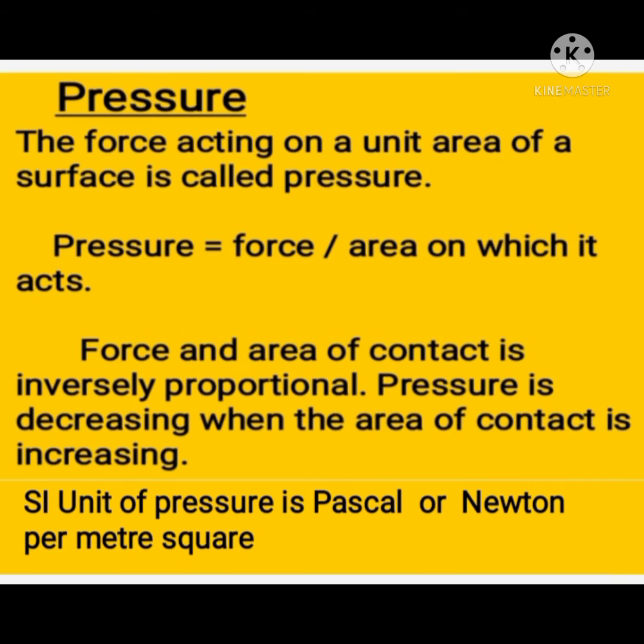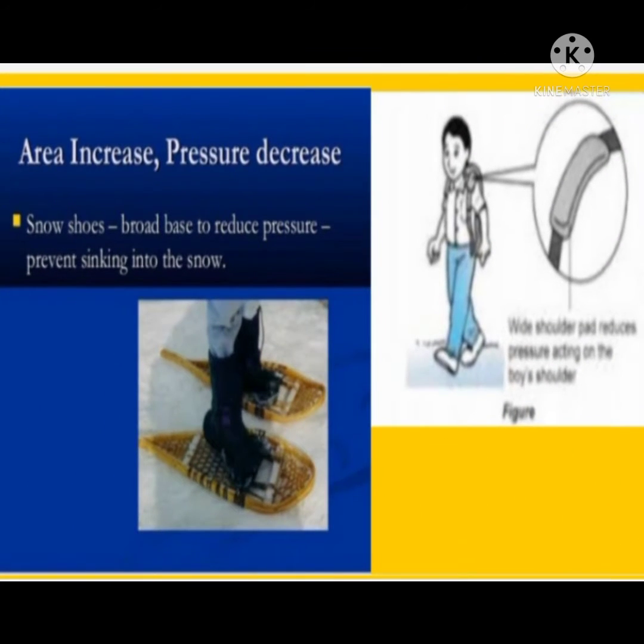So pressure is equal to force divided by the area on which it acts. At this stage, we consider only those forces which act perpendicular to the surface on which the pressure is to be computed. The SI unit of pressure is Pascal or Newton per meter square.